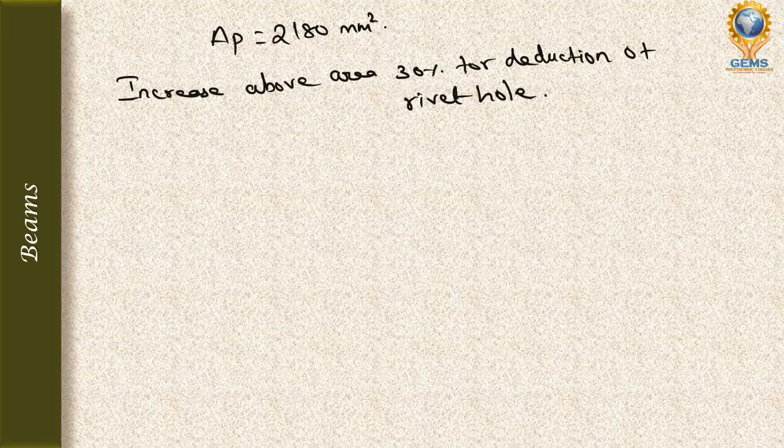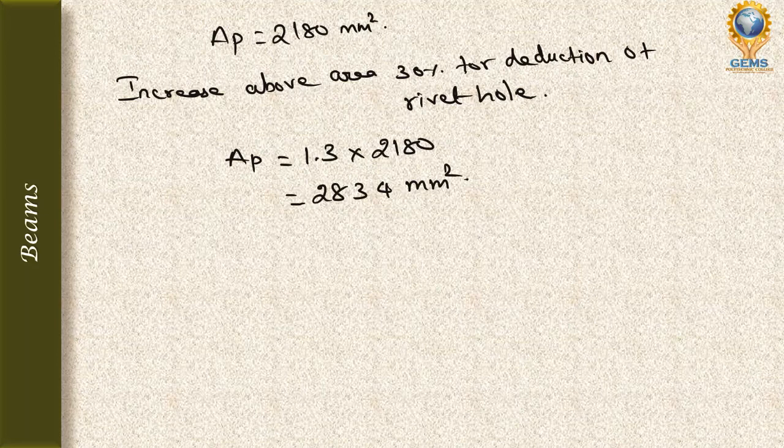So for deduction of rivet hole, AP is equal to 1.3 times 2180. So that will come to 2834 mm square.